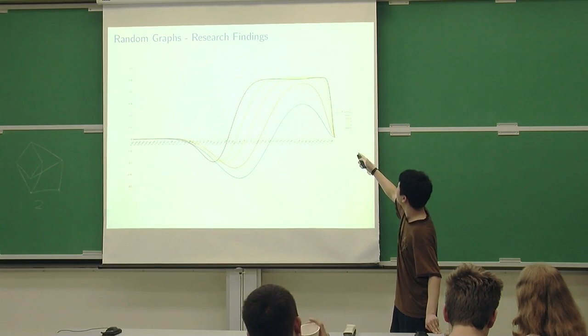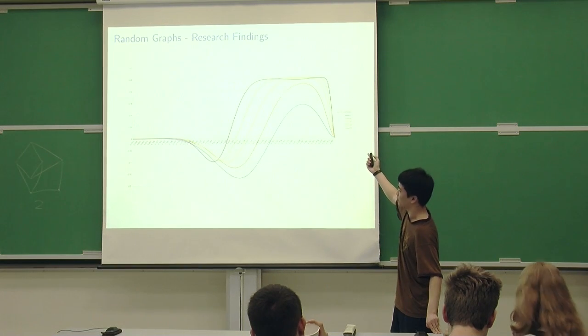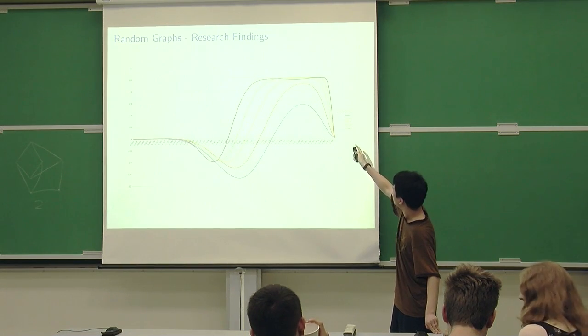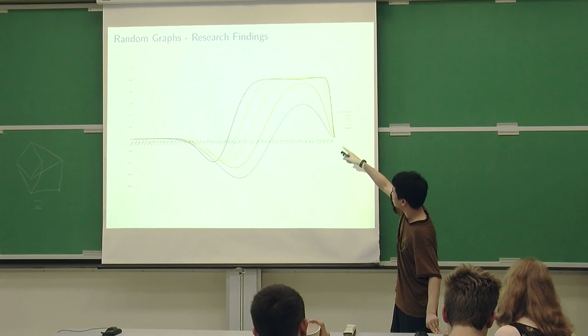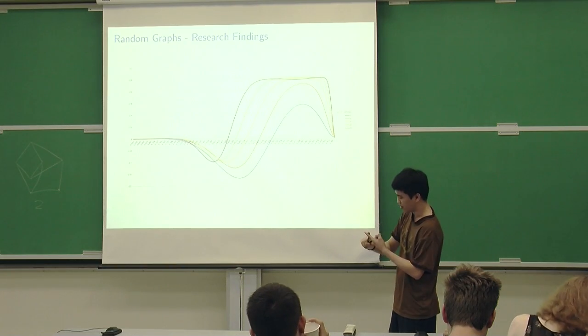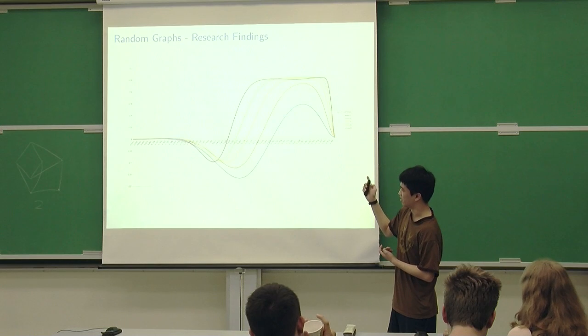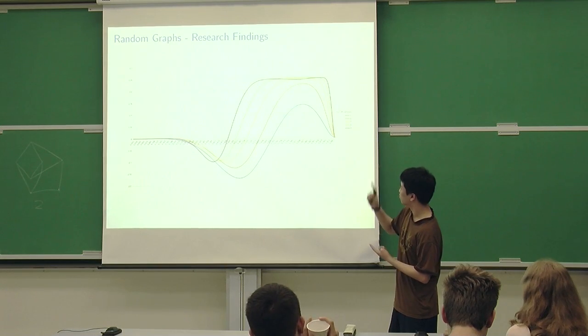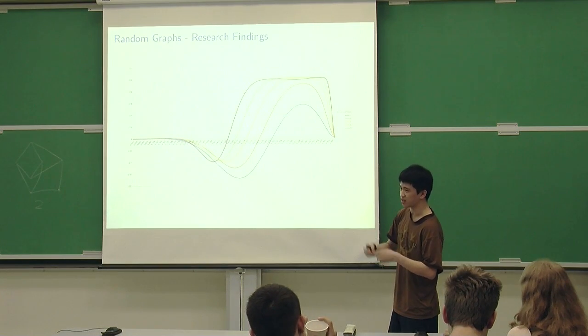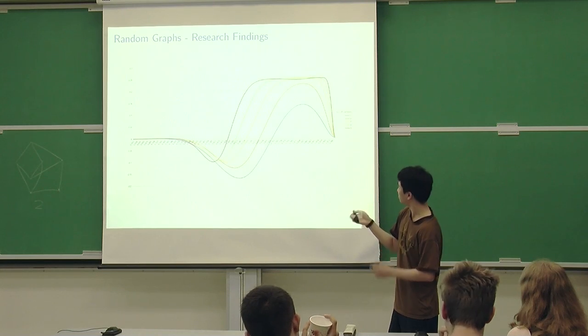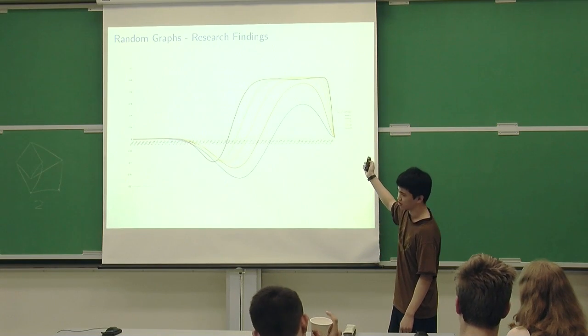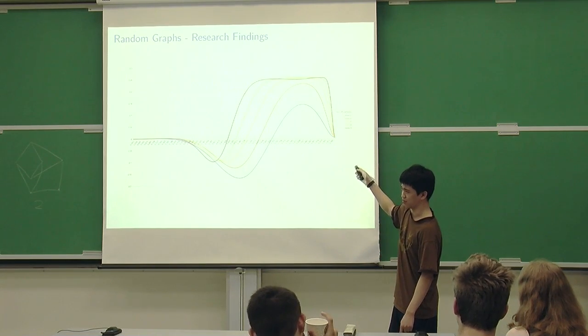What the data is using is the number of thick graphs, the total number of thick graphs on n vertices, and also the total number of cliques in those thick graphs. So for 9, that took about 2 days to compute.